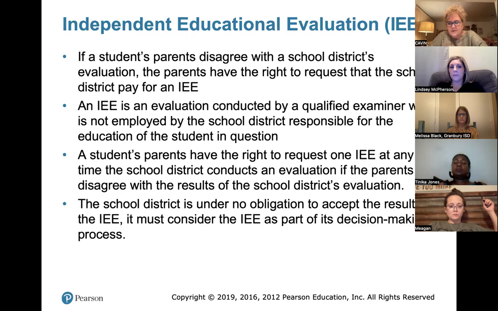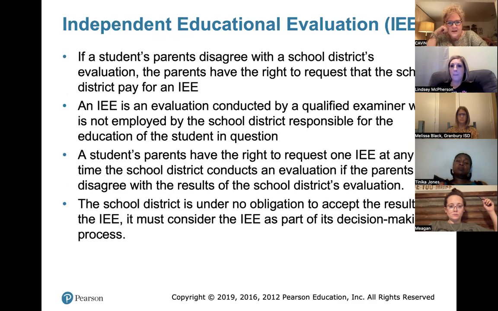Now let's talk for just a minute about IEEs, an independent educational evaluation. If the family of the child disagrees with the school district's evaluation, the parents have a right to request an independent evaluation, and the district has to pay for that.